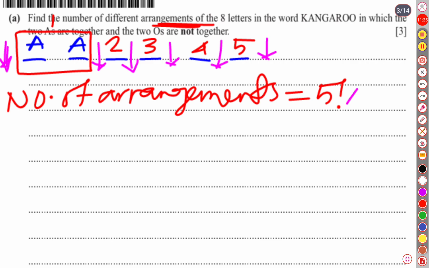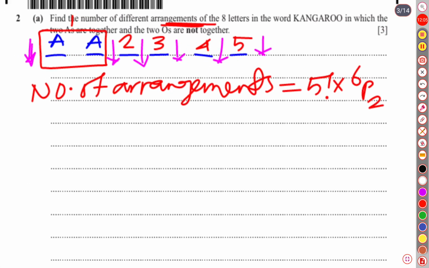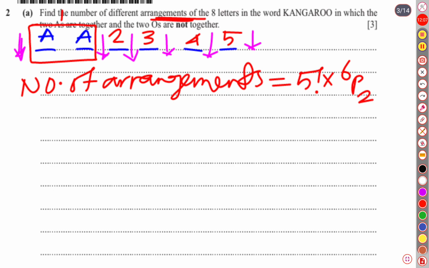So O can be placed in 6 different ways, into 6 permutation. Of the 6 places there are 2 O's, so they can occupy only 2 places. And again, we have not forgotten that O's are actually identical letters. So for identical letters, we will have to divide by 2 factorial.